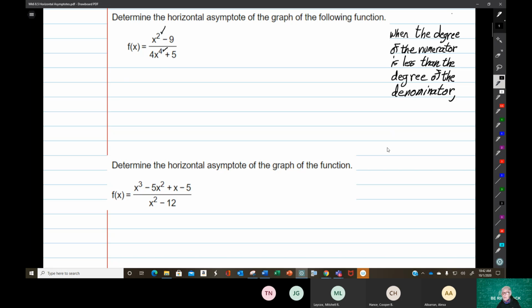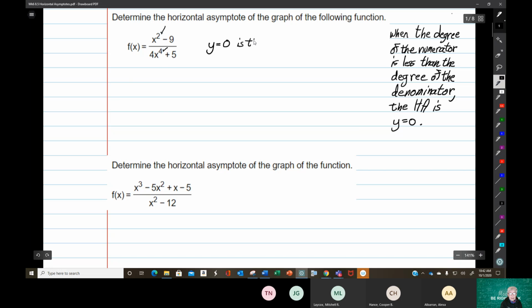All right, when the degree of the numerator is less than the degree of the denominator, the horizontal asymptote is, are you ready? Here's the equation. Y equals 0. Automatically. So y equals 0 is the HA.